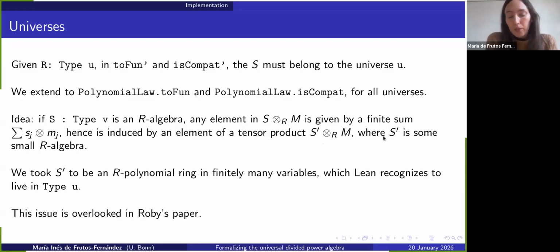So in the formalization, we take S prime to be the R polynomial ring in finitely many variables, which is automatically recognized by Lean as living in the same universe level as the ring R. So this doesn't take a lot of Lean code. It takes about 200 lines in total, but this is something that was completely missing in the original paper.